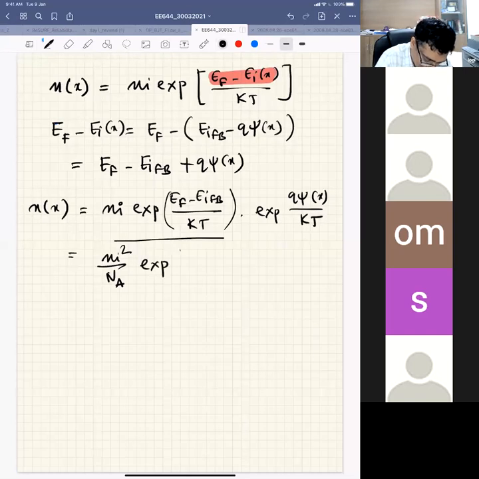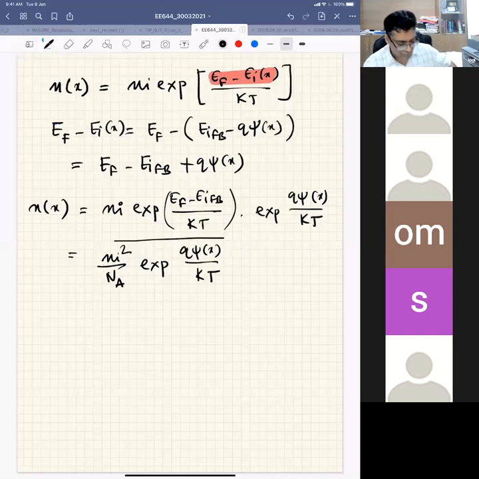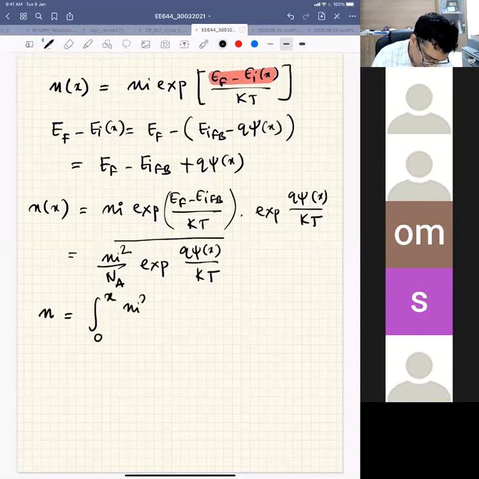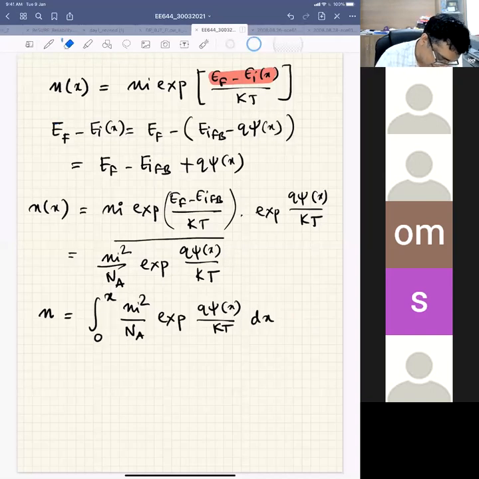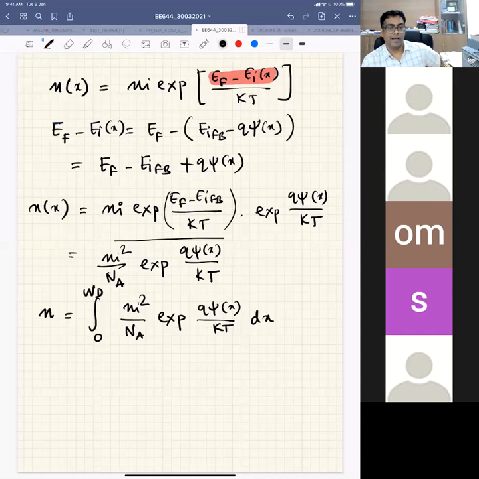times exponential of Q psi x by KT. Right. So this is the total number of electrons, right? If you want to find the total number of electrons n, then you have to integrate in the x direction from 0 to WD, right?